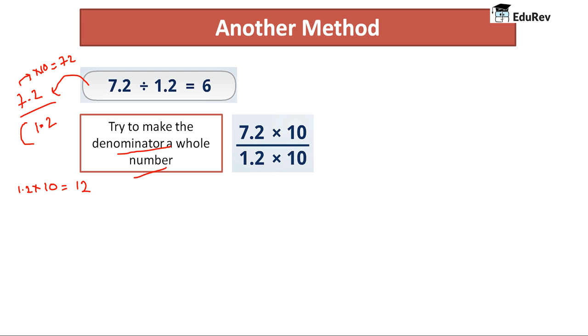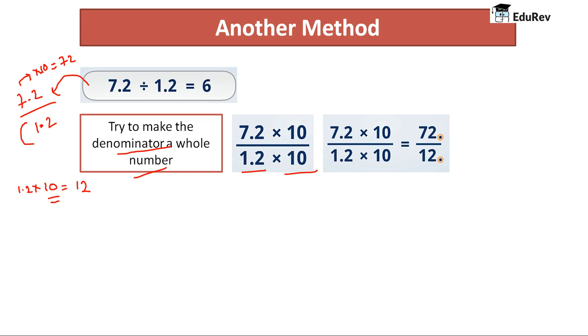So if we are making the denominator a whole number, we are multiplying it by 10. We are multiplying 1.2 by the number 10 to make the denominator a whole number. Also, we are multiplying 7.2 by 10 also to make this numerator a whole number too. But we have done it so that 10 and 10 get cancelled out.